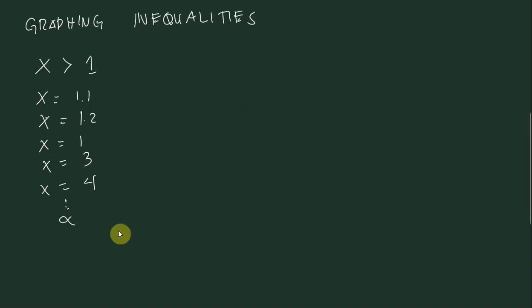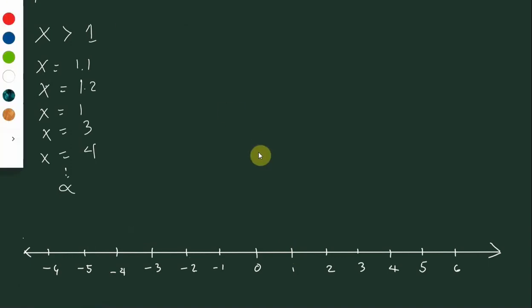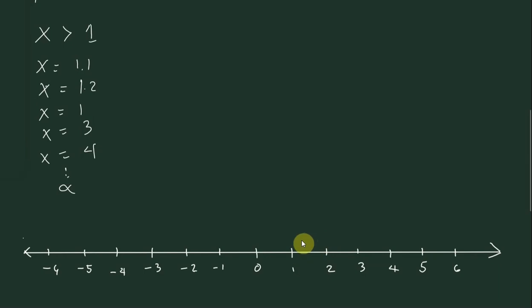If we graph that on the real number line, we start from 1. Greater than is a strict inequality, so we use this symbol right here, like an open parenthesis.